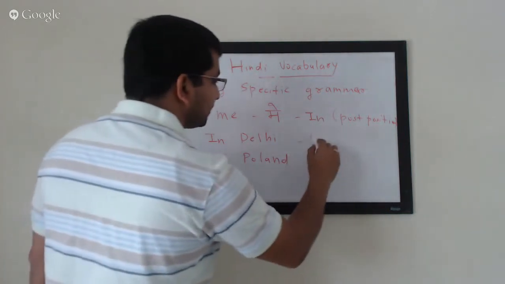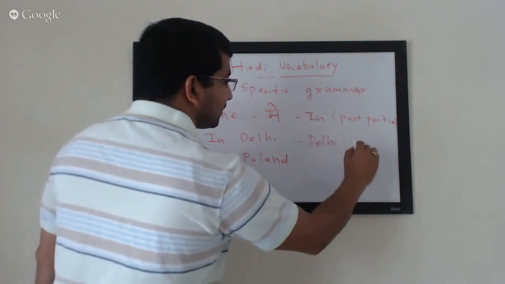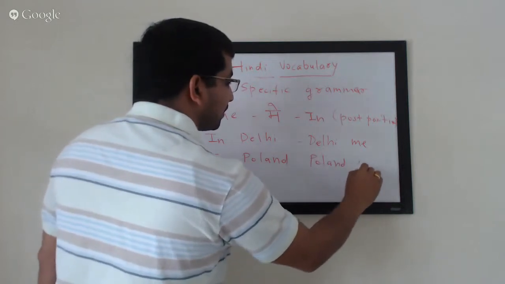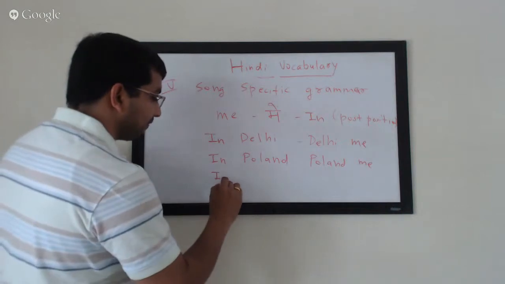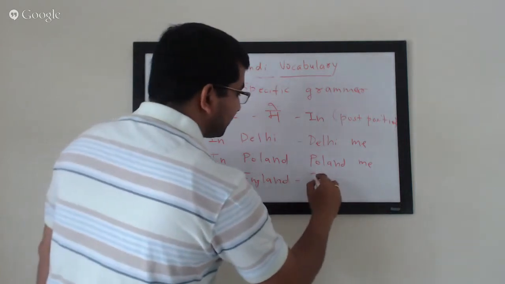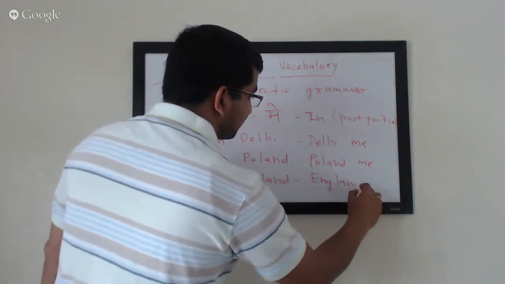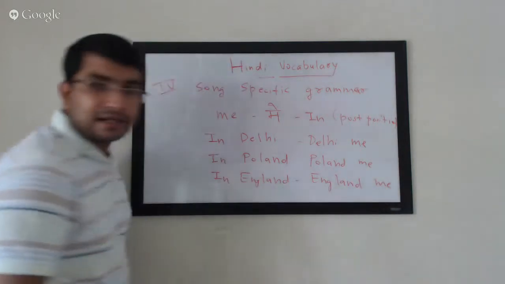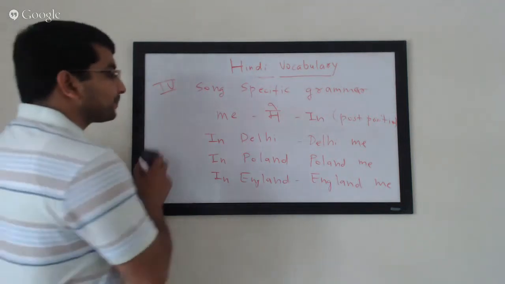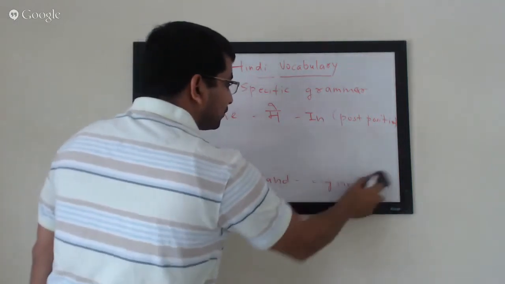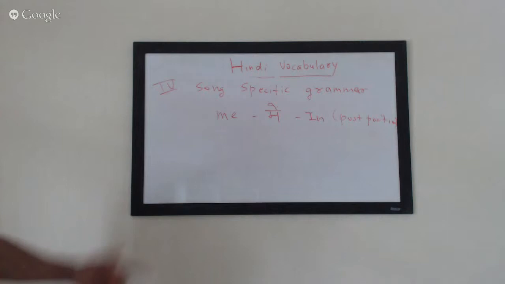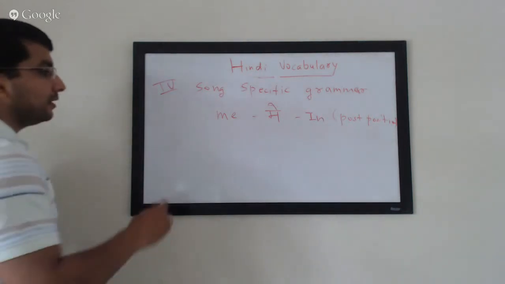In Hindi, it would be Delhi में or Poland में, or in England, you have England में, in England, right? This is a format we're using in Hindi. If you listen to the song or go over the lyrics, you will see this postposition is used quite frequently in this song. And I'm going to write down some of the examples here.